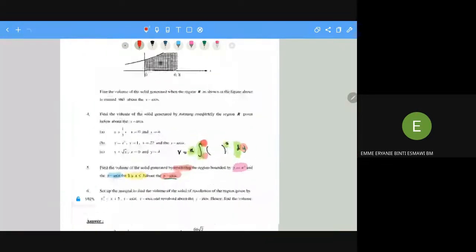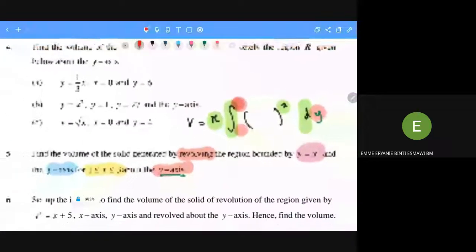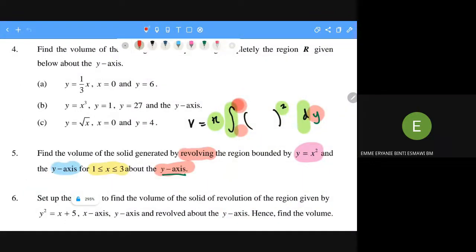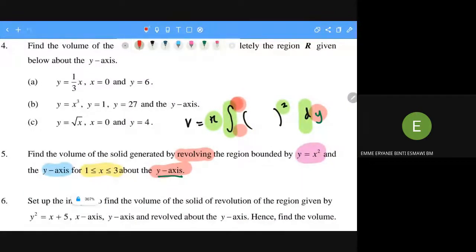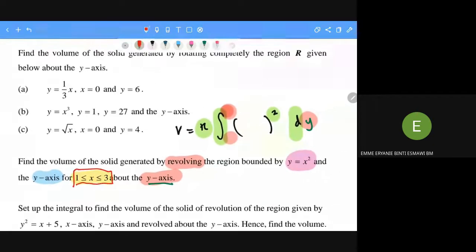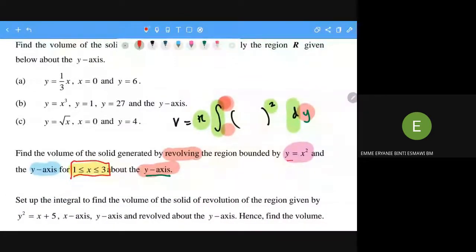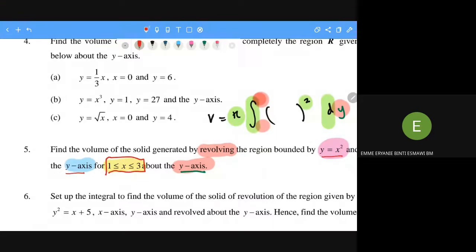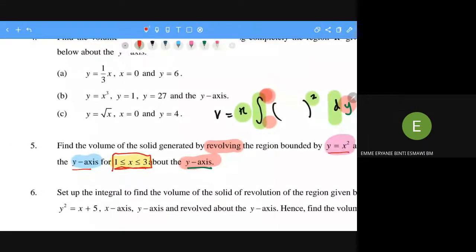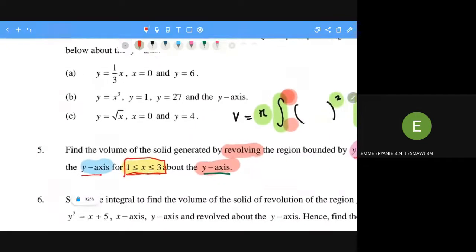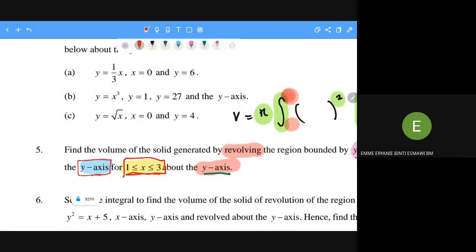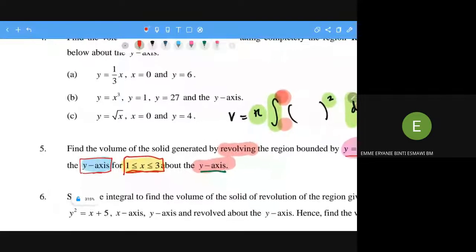Okay. Now if we want to use that same method here, dekat question number 5, it will not work that way because dia ada bagi satu lagi syarat lain. Okay. Dia cakap region bounded by this curve and y-axis for x between 1 and 3. Okay. So contoh kalau kita nak guna konsep yang sama macam number 1B tadi tu, we see that dia bersilang dekat y-axis. Okay. Bounded by y-axis. So this means x equal to 0 dekat y-axis kan.